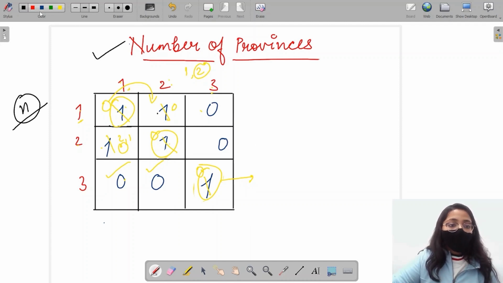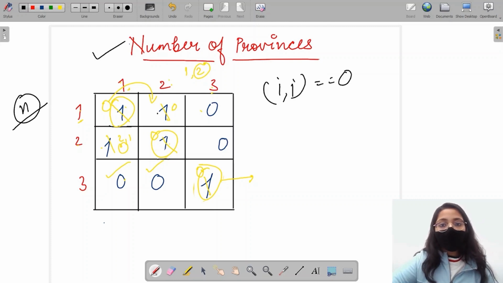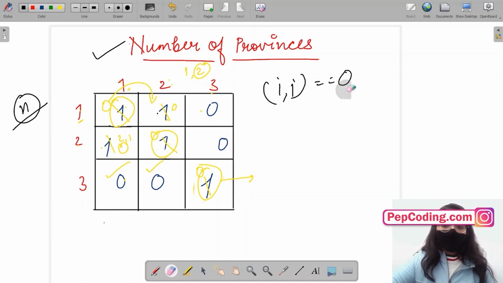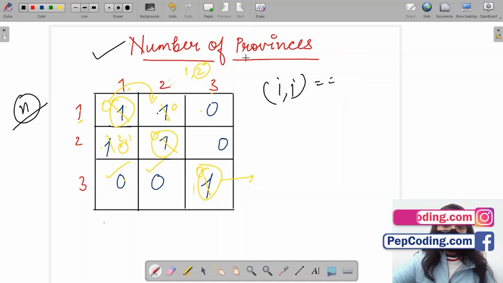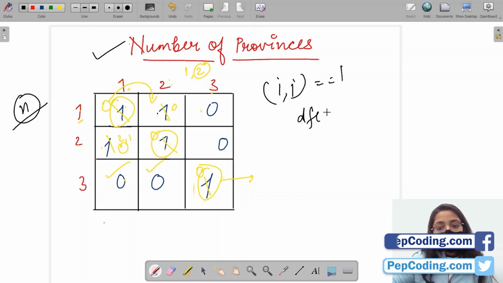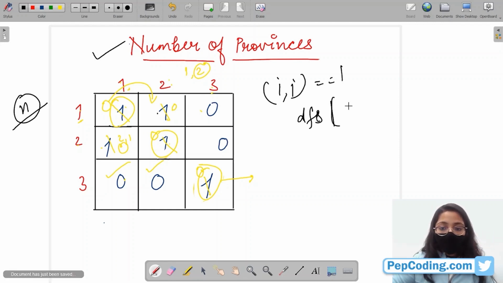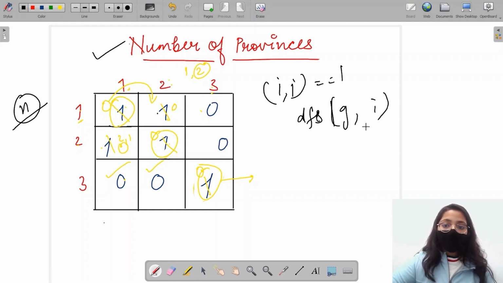Okay. So what we are going to check? First for I comma I, if it is 0, then we are going to continue, and if it is 1, we are going to call DFS in the graph for I, right?